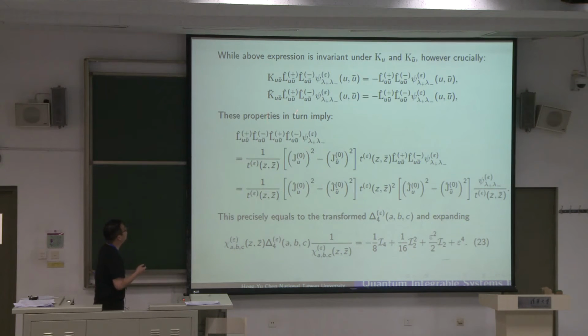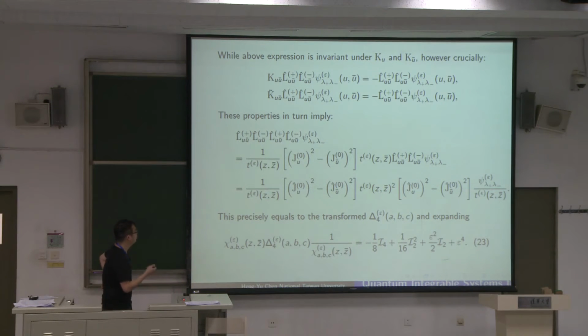But crucially, what you notice is that despite the fact that this combination is symmetric under the reflection operator, it is actually antisymmetric under the two permutation operators introduced. And those are crucial to get the power of those factors T Z Z bar to be correct.